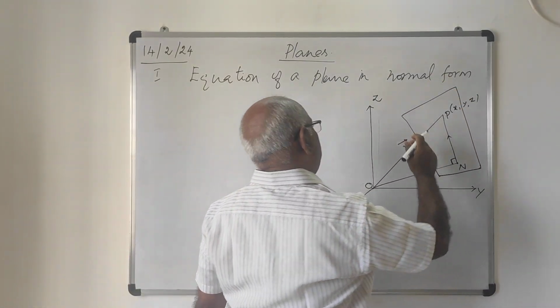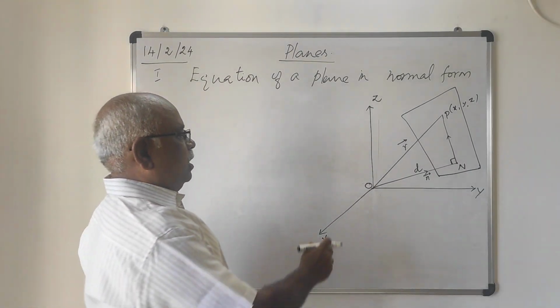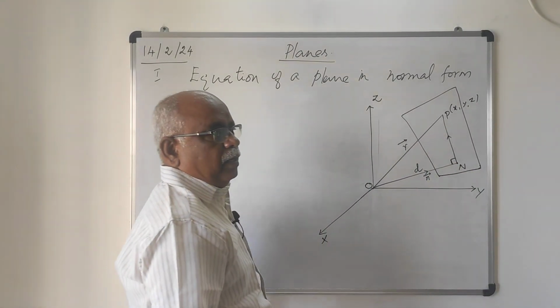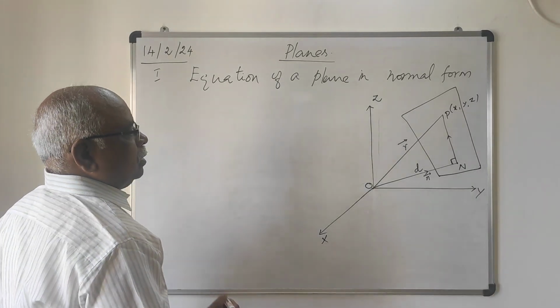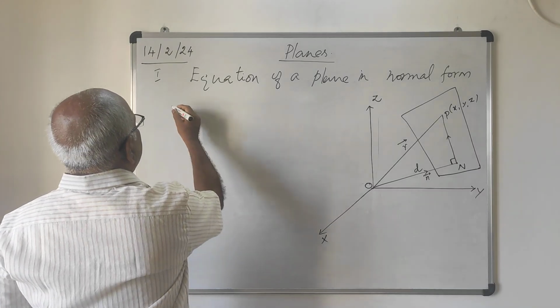We use this to find the equation in normal form, because ON is the normal to the plane.